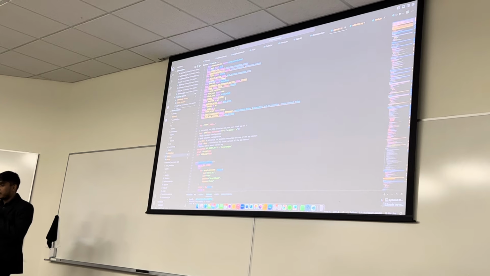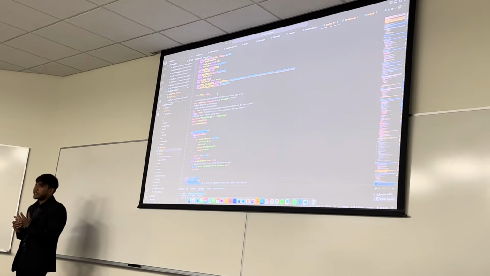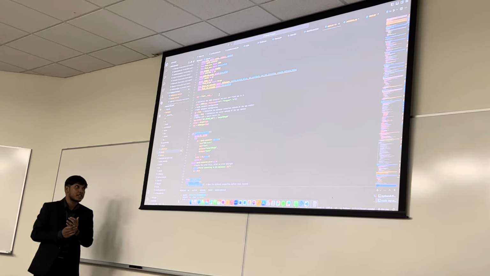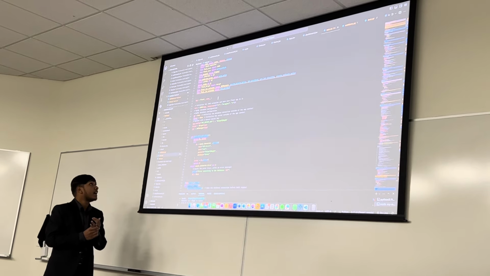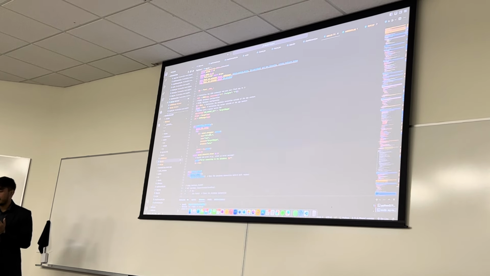So you can see here is the backend code. It is a Flask backend, as I said, and the database is connected with a CORS policy. You can see I am initializing my database over here in the first function.